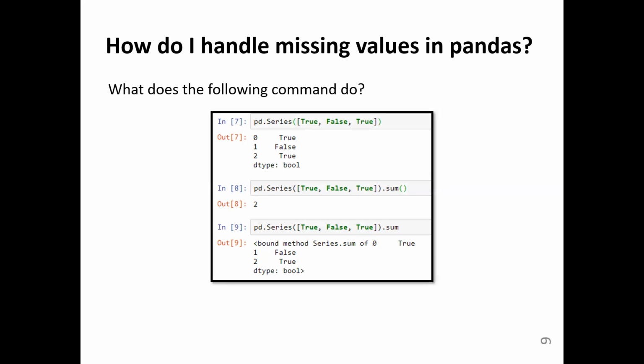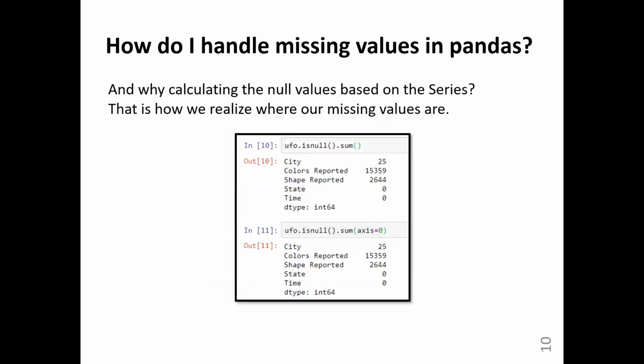I'm not sure about this, so I'm not announcing it. When we say sum parentheses, it does the action, so it sums all those truths. And when you don't use the method, it just shows you the statistics. One of the things that we can do is put type before and after to show the type of it, and then it can either confirm what Matthew said or enhance our knowledge anyway. Thank you, Matthew. Let's go to the next part.